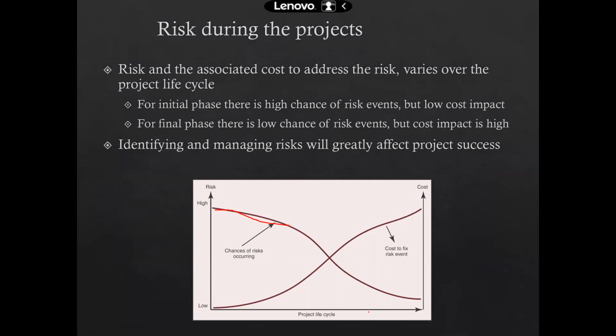Whereas initially you don't spend too much money or cost on the resolution of these risks, but by the middle and the end of the project life cycle, the cost bearing of these risks increases, right? So this is generally what happens.